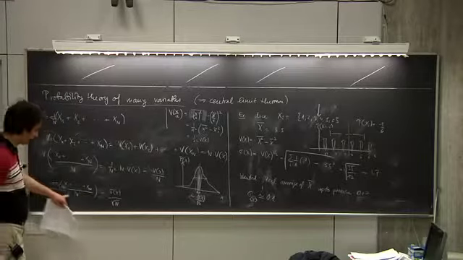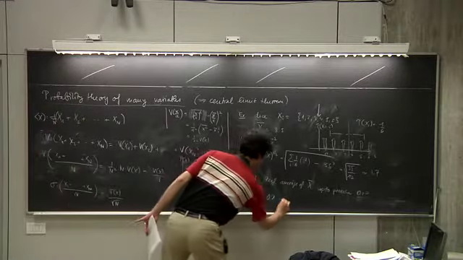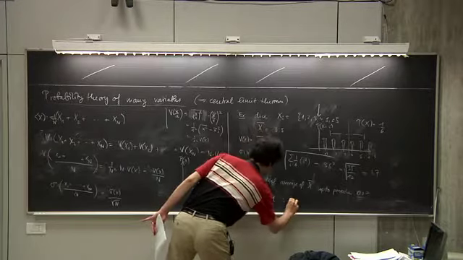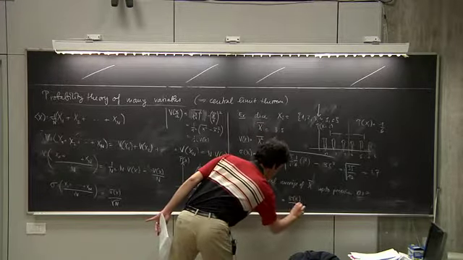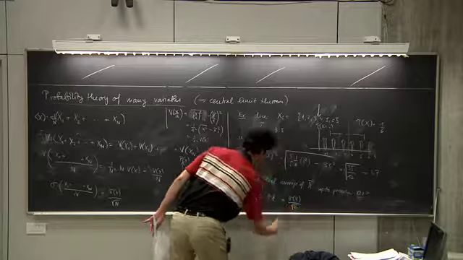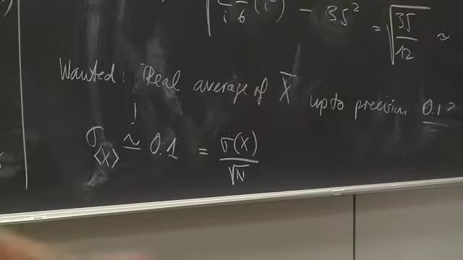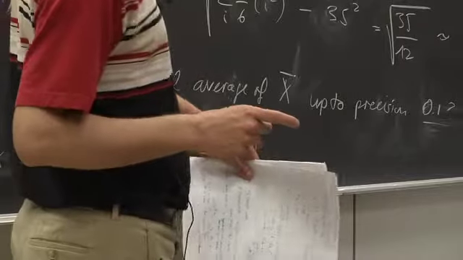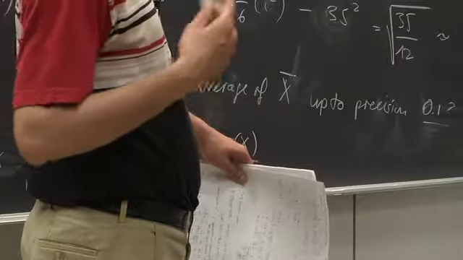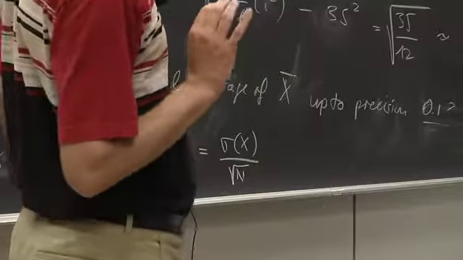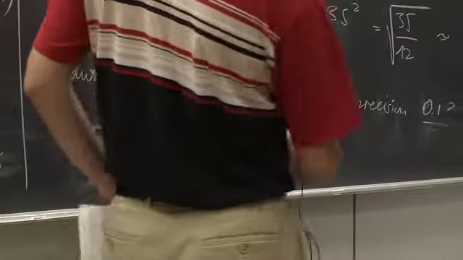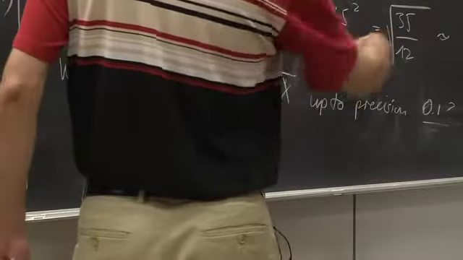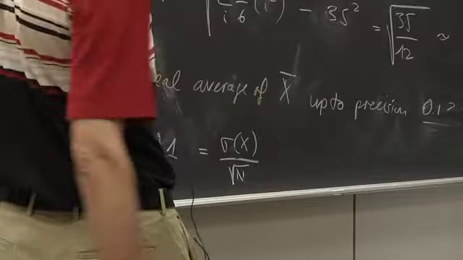Now here we calculated what this is, namely this is supposedly the true sigma of x divided by square root of n. Of course, if this is a very bad dice, you have no idea what the sigma of x is either. But if it's a dice that is just slightly skewed, you can of course estimate that to be the one of a perfect dice.